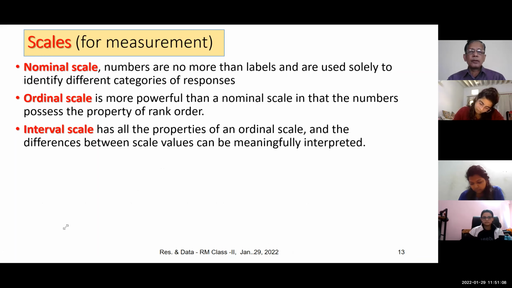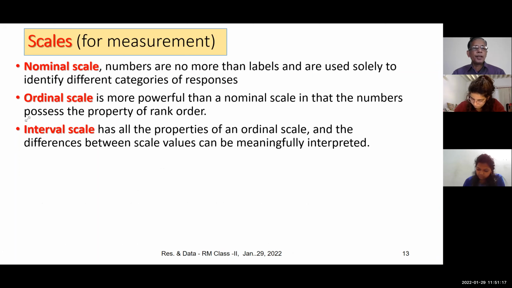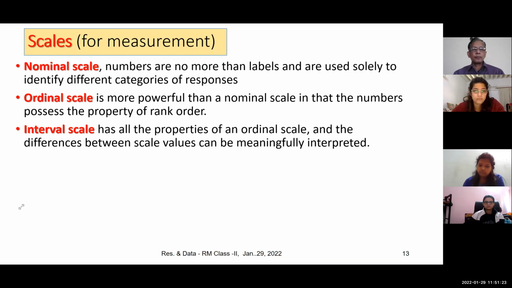That is part of the ordinal scale. Now moving up, next is the interval scale. Interval scale is one where we have definite values within two ranges. Interval means it has a range, lower limit, upper limit.